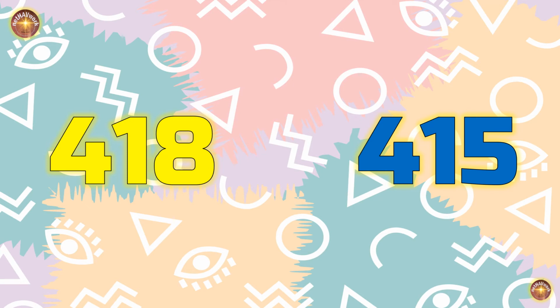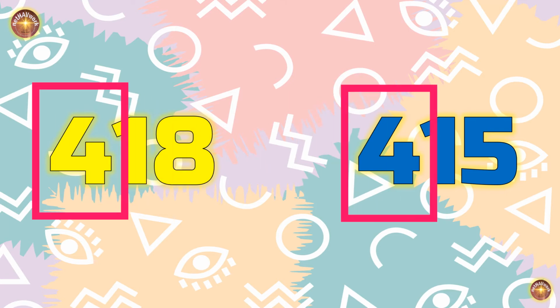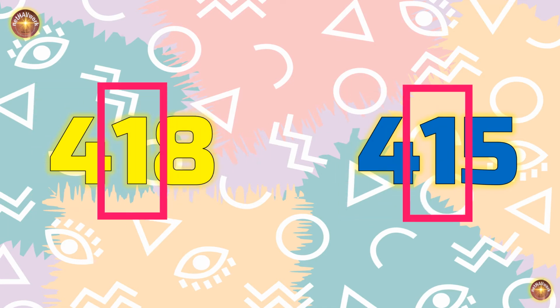Another example, let's do for these two numbers, 418 and 415. Let's see with place value first. So we see we have 400. So these two numbers have the same 400. Alright, let's see the 10s house. So in the 10s house, we have the same number, which is number 1.